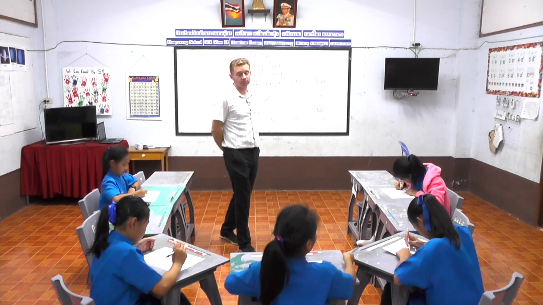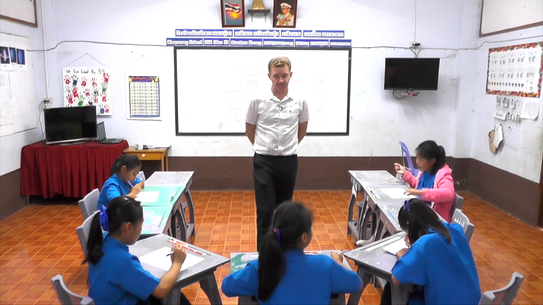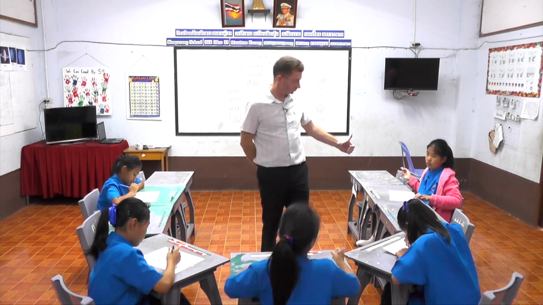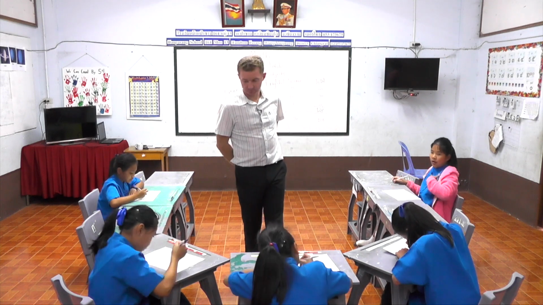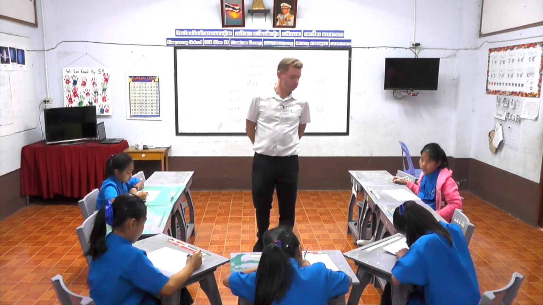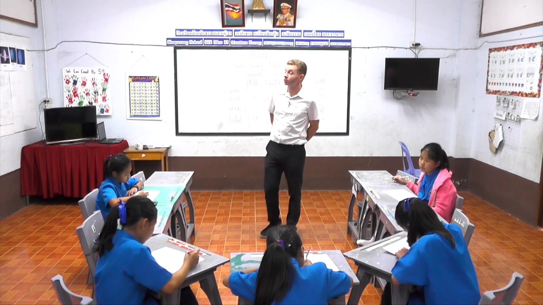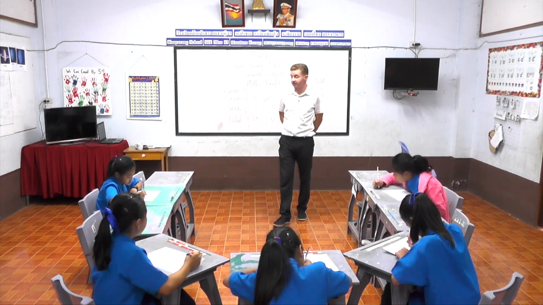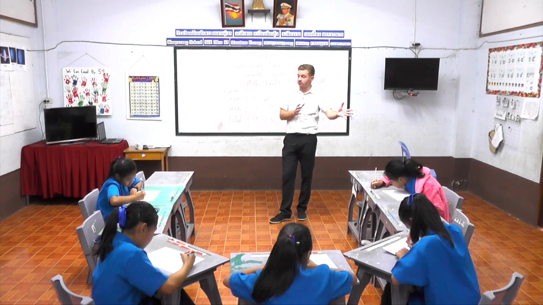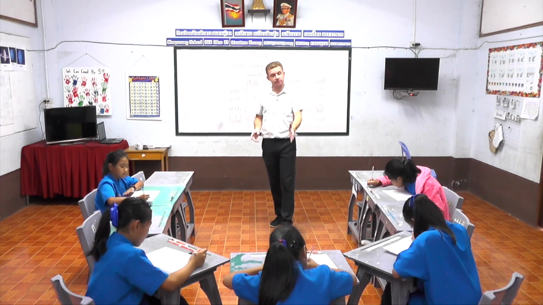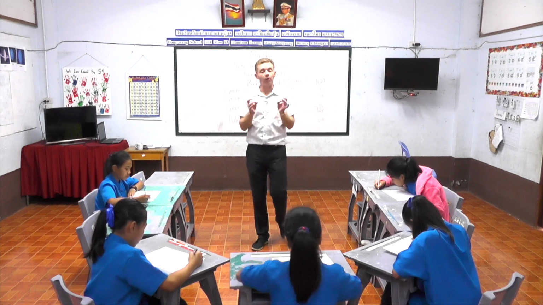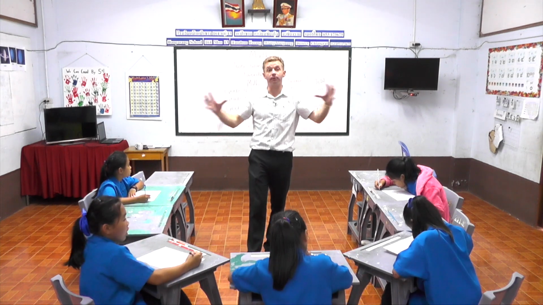So it's addition. Excellent. So what you'll be able to do, when you do your two-way table correctly, you'll be able to see the number of adults, the number of children, the number of females, the number of males, and also the total number of people all combined.